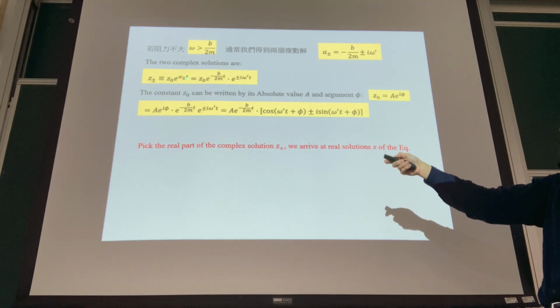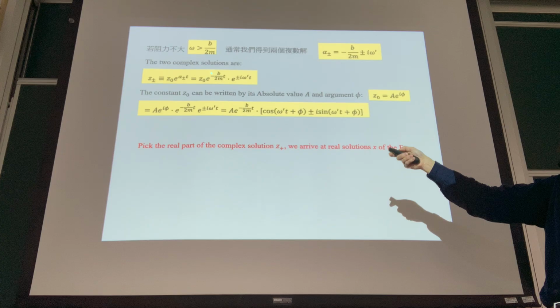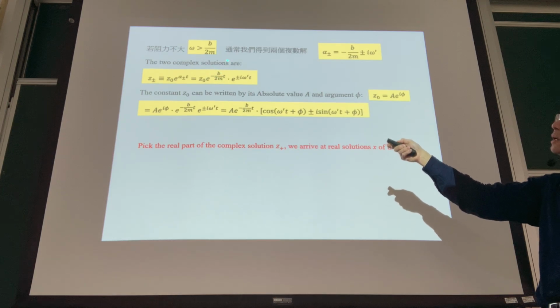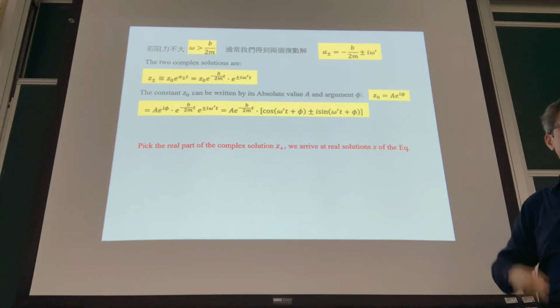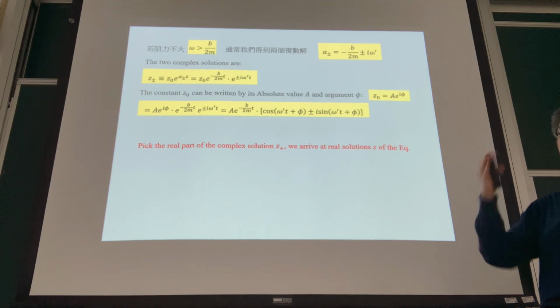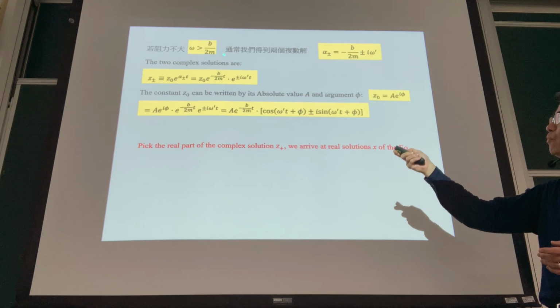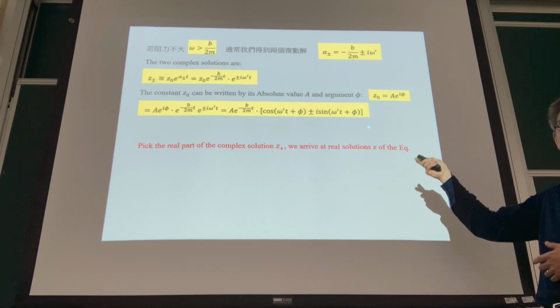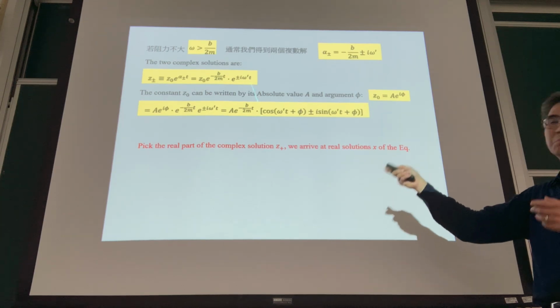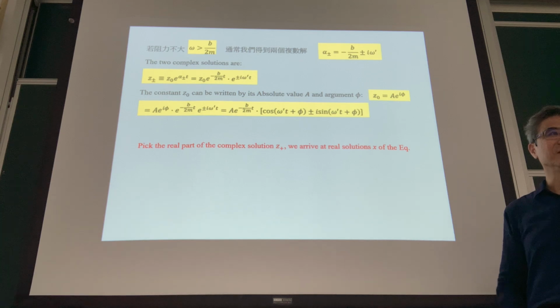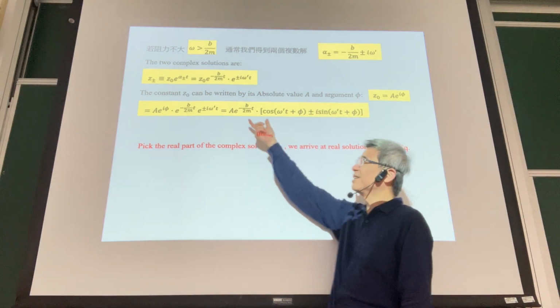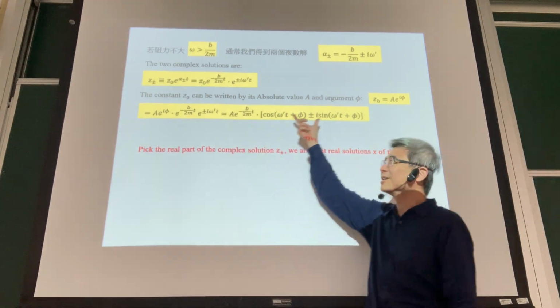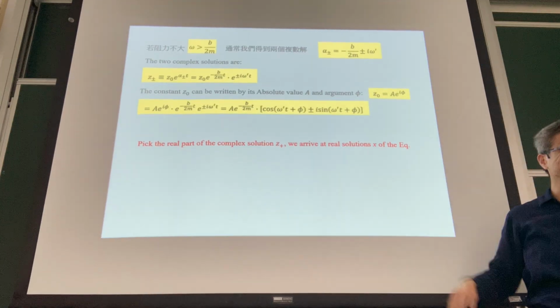So it becomes e to the minus b over 2m t, this is the real part, times exponential plus or minus i omega prime t. So everybody should recognize the second term will be cosine and sine, and the first term will be exponential. That's what I said: this solution is a product of an exponential function times a trig function, an oscillating function. We are done.